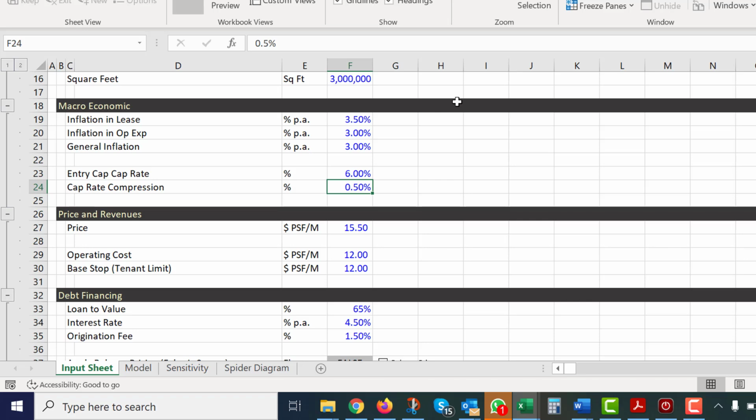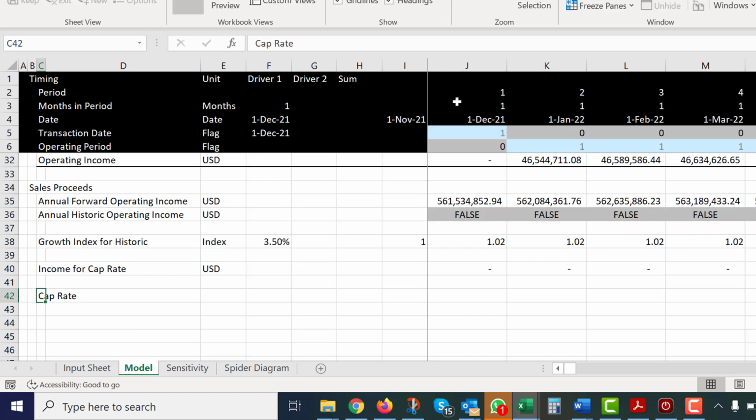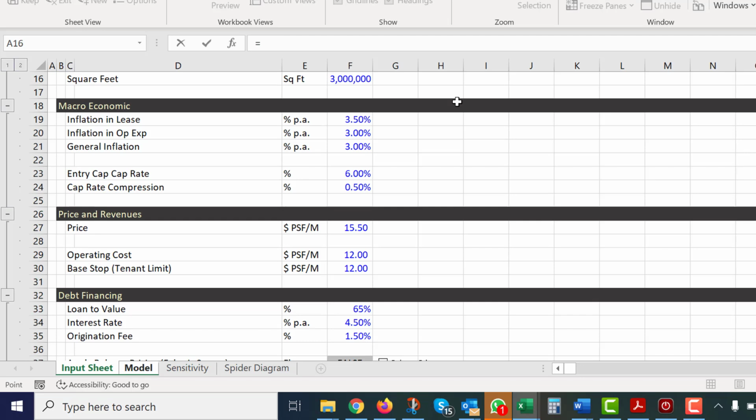So why don't we do the same sort of thing we did with inflation rate? Cap rate compression. Okay, so let's put it as a percent and let's get our number.